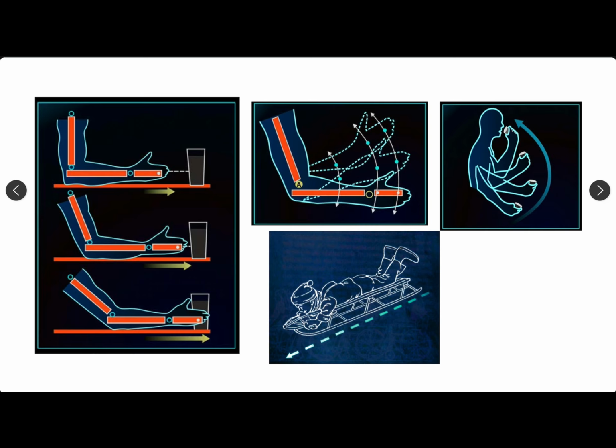So, in this diagram, this is motion. This is 1, this is 2, this is 3, and this is 4.